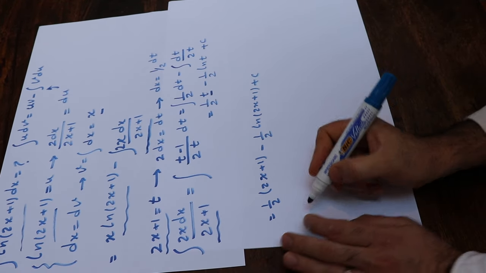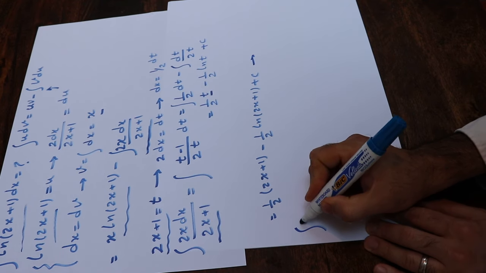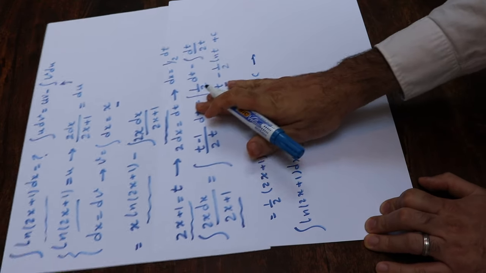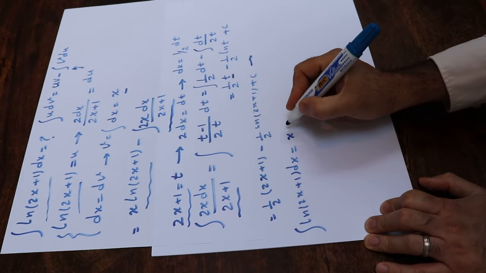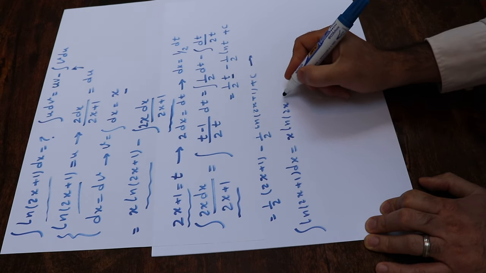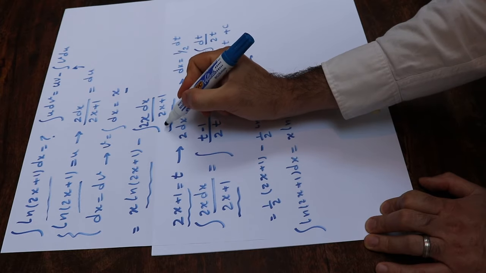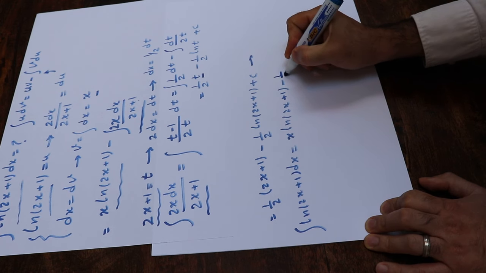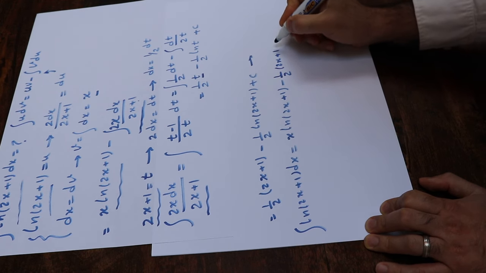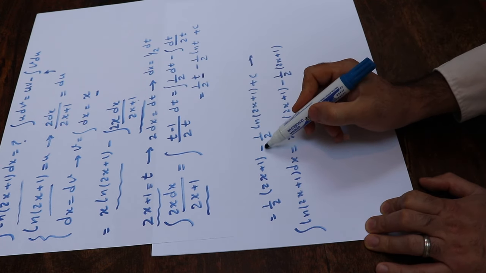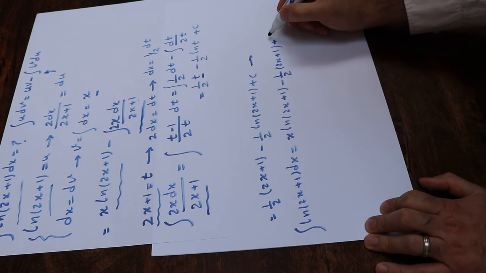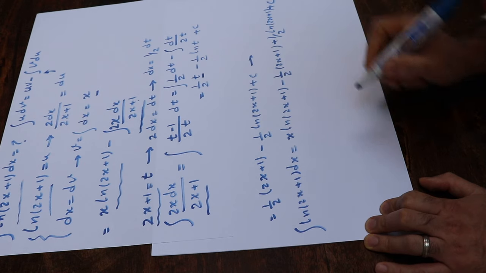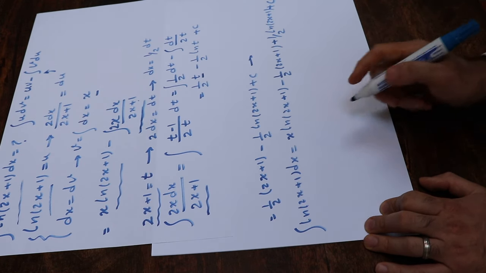Therefore, you can conclude that the integral of ln(2x+1) dx will be equal to the first term, which is x ln(2x+1), minus the integral of this term, which we already have here: minus 1/2 times (2x+1), minus that, so plus 1/2 ln(2x+1) plus c, which is the constant of integration. You can make it a little bit simpler.